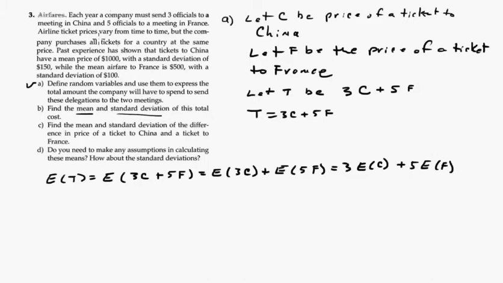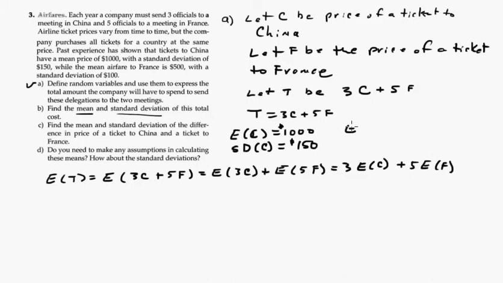And let's just go up here. I guess somewhere here I should have said that the expected value of C is equal to $1,000 with a standard deviation of C of 150.